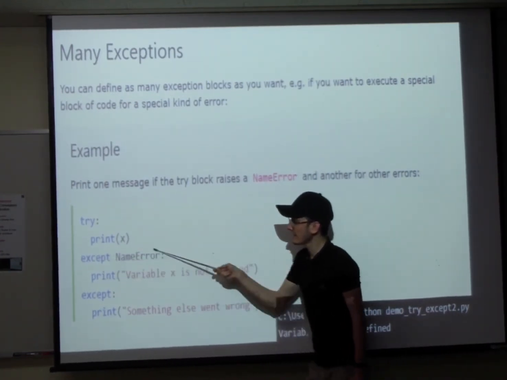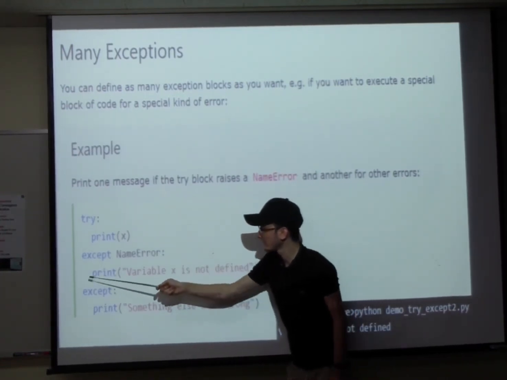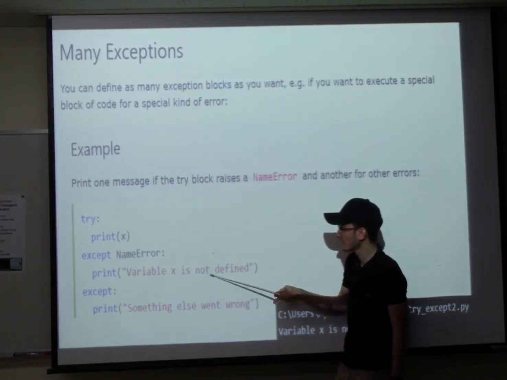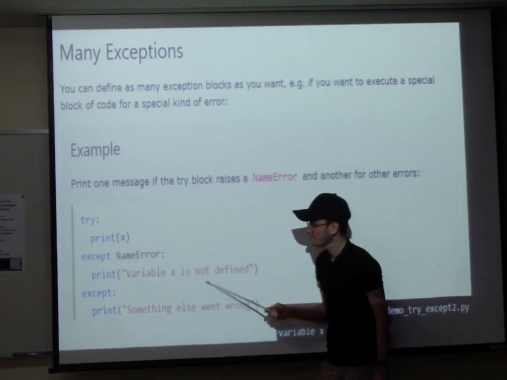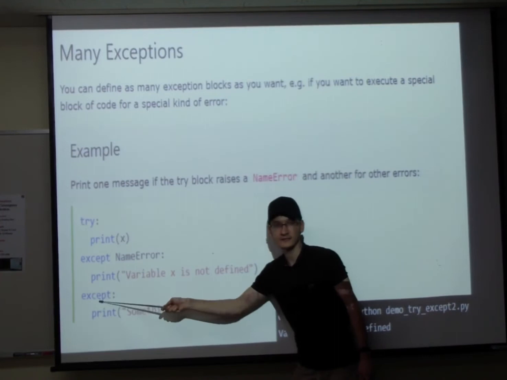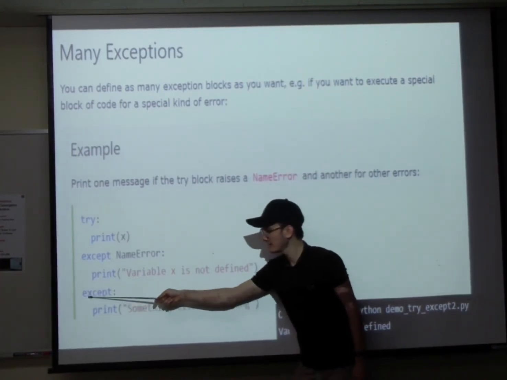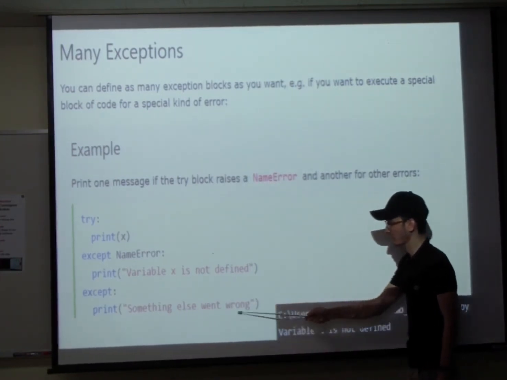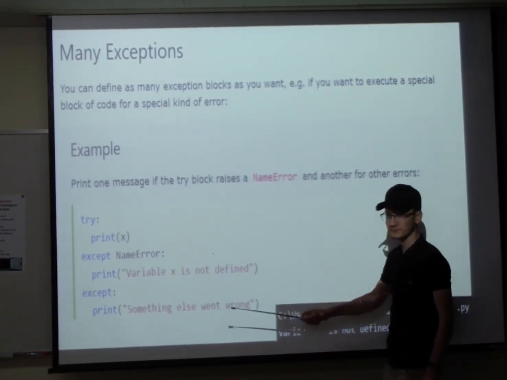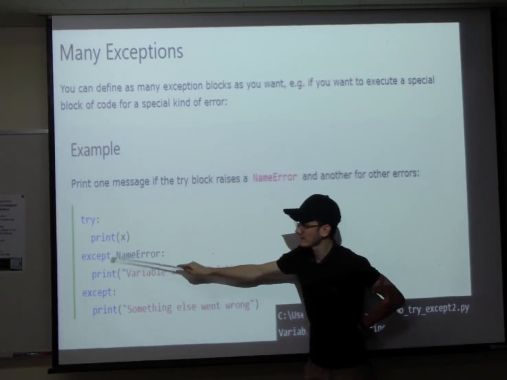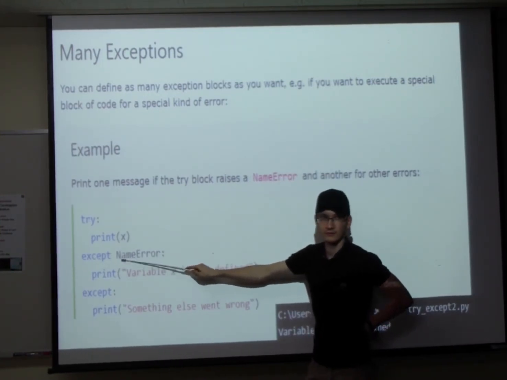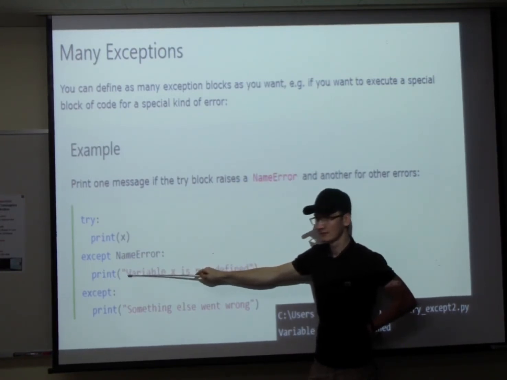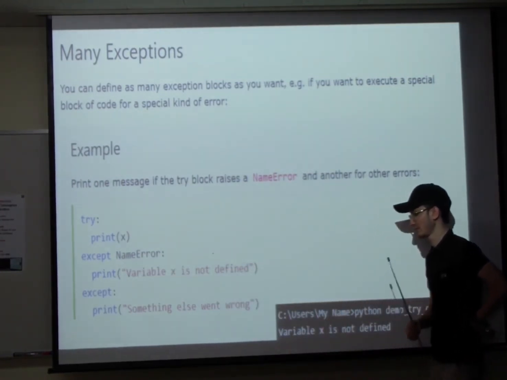So in this except block, we are using print function, and we are printing variable x is not defined. However, we have another except block. In the second except block, we have this code. Something else went wrong. Which will be executed? First one. Why? Because x is not defined.